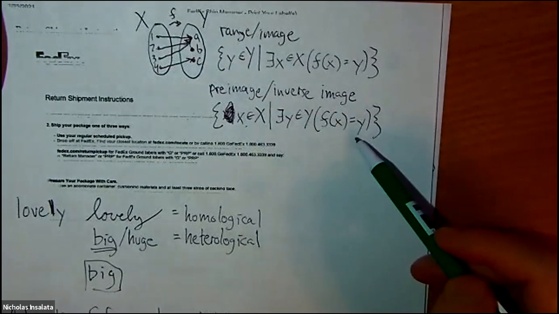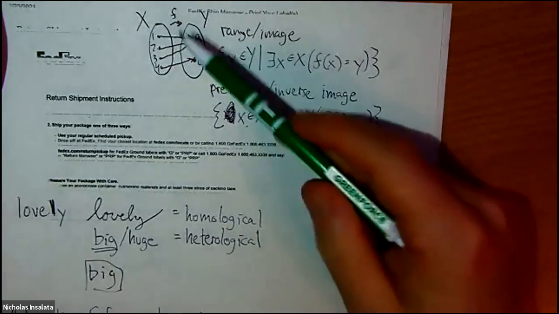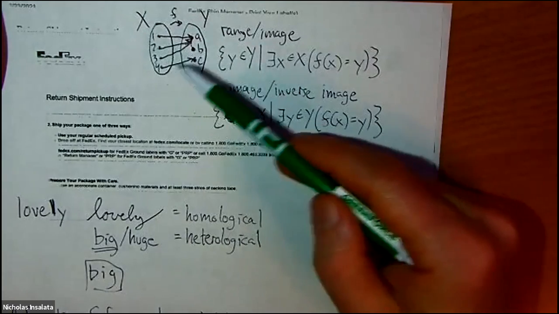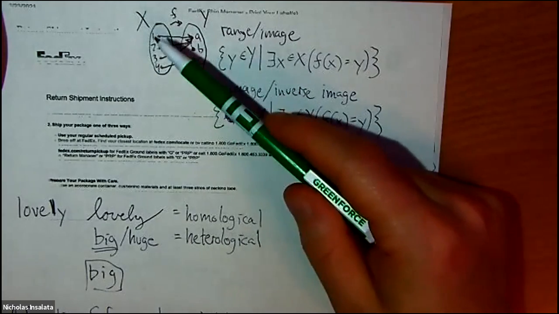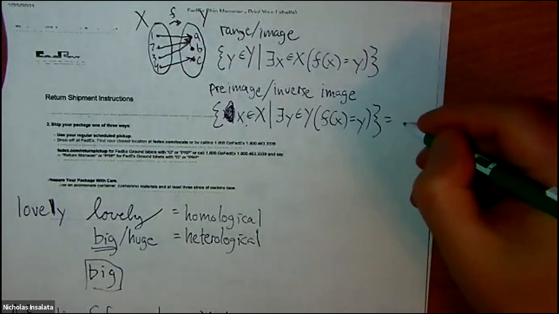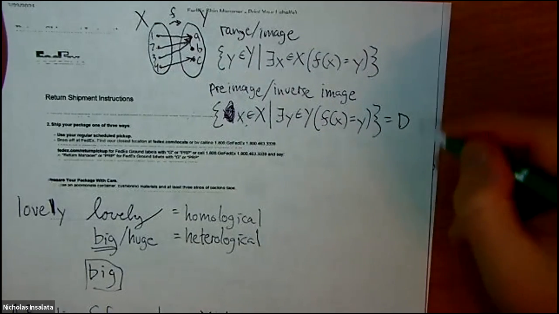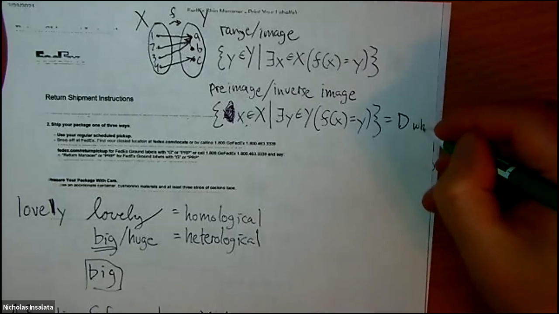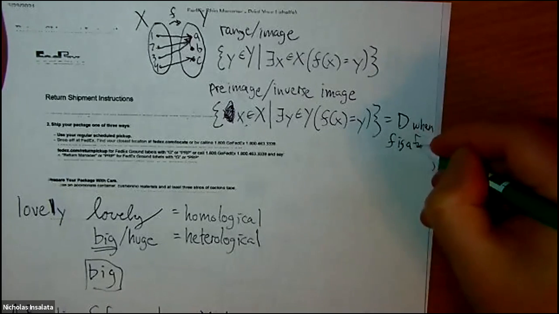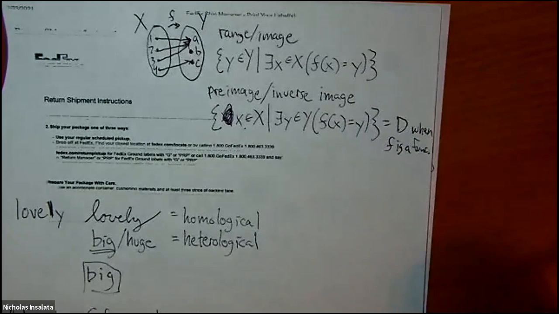Everything maps to something. If we're doing a function here, there has to be at least one arrow coming out of every domain element. So this would just be equal to the domain when f is a function. Yep. Any questions on that?